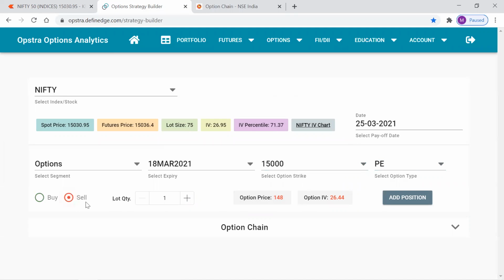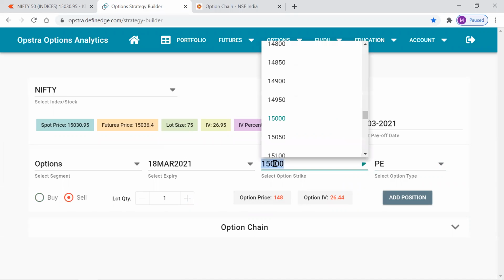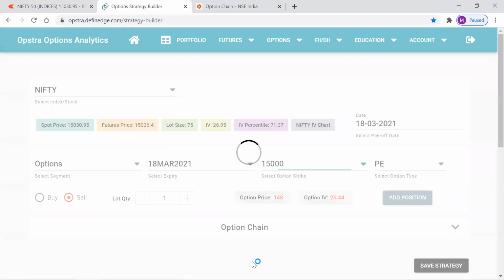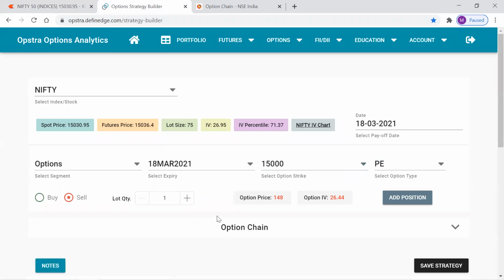What should I do? I need to sell at the money. 15,000 is at the money. I have selected sell here, so I am selling the at the money put option. And then I need to buy an out of the money put option.